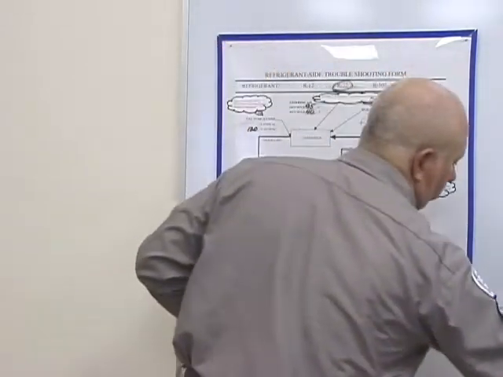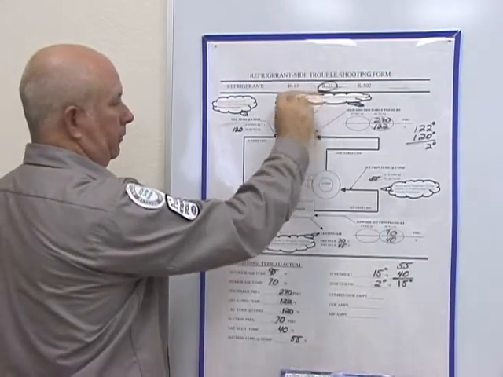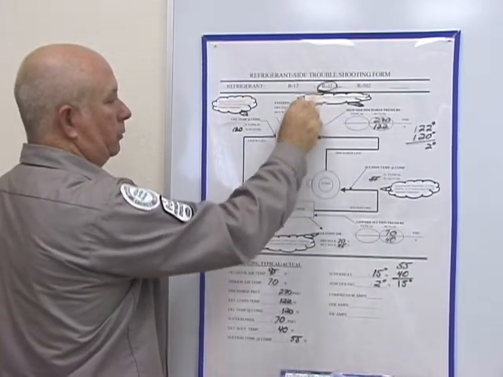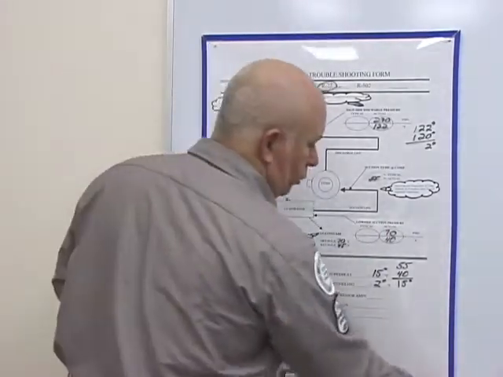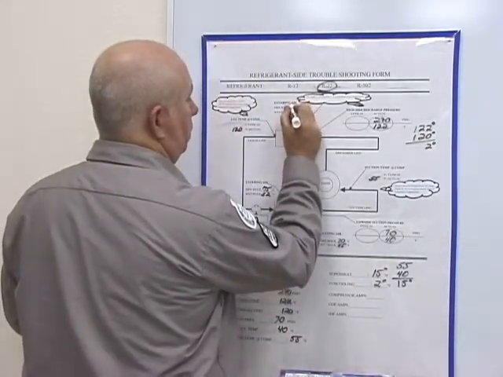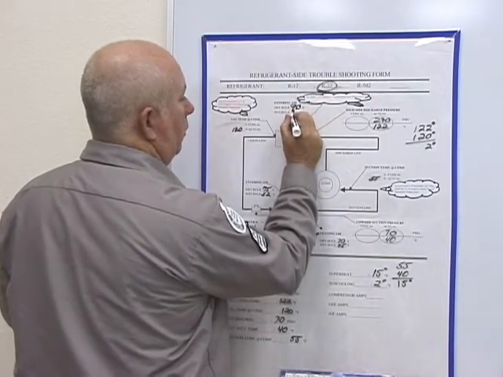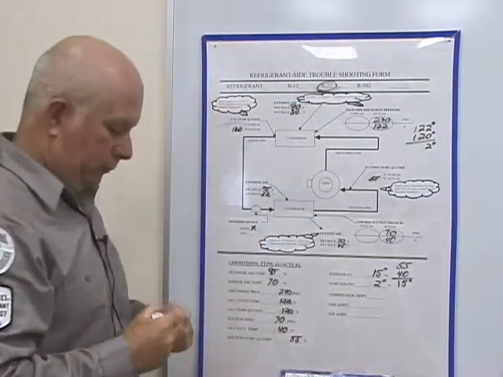So what we need to do is we're going to change a few things here. We're going to change the outside air temperature, and for this particular exercise we're going to use 70 degrees with a 30-degree wet bulb.